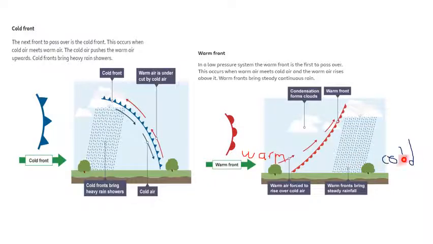So we go through this cold zone to start off with, we then enter this warmer zone, we then get the cold front with the rainfall, and again we get another area of colder air. And so this can explain the changes in temperature and rainfall and weather we get associated with a low pressure system, particularly in the UK.